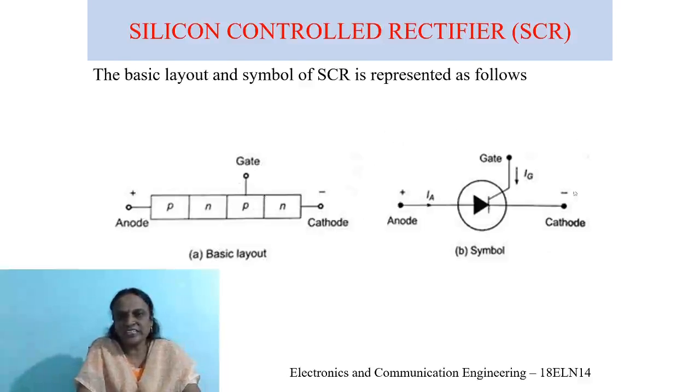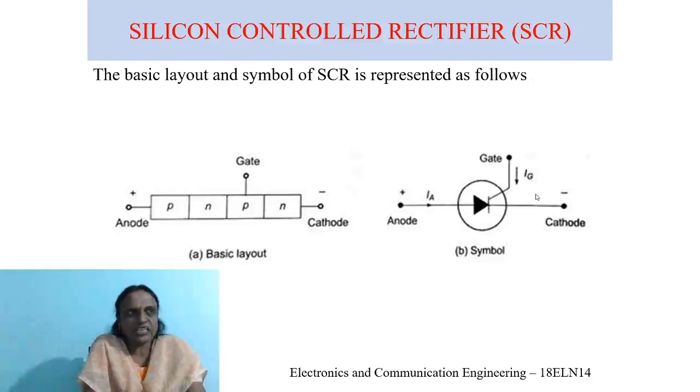Here it is represented symbolically. SCR has a wide range of applications including rectifiers, regulated power supplies, DC to AC conversion. If I say DC to AC conversion, yes, exactly, I am referring to an inverter, relay control, time delay circuits and many more.